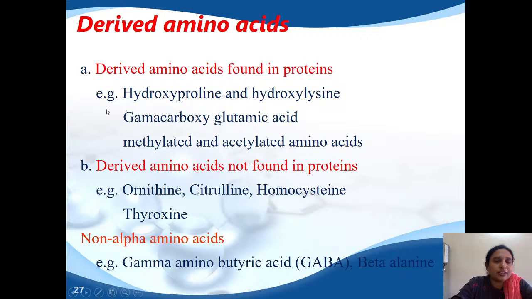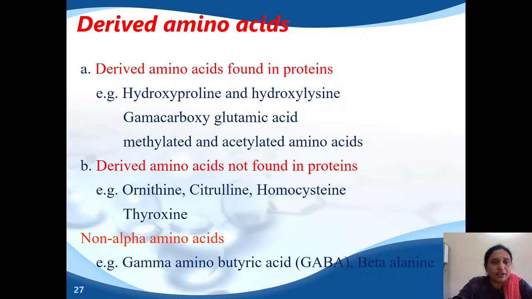These derived amino acids are found in plants, and those found in the proteins are like hydroxyproline, hydroxylysine, gamma carboxyglutamic acid, methylated and acetylated amino acids.